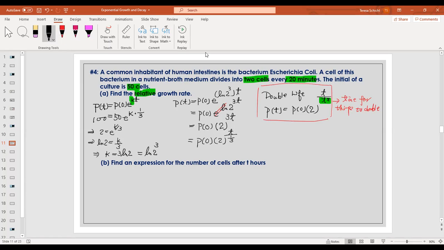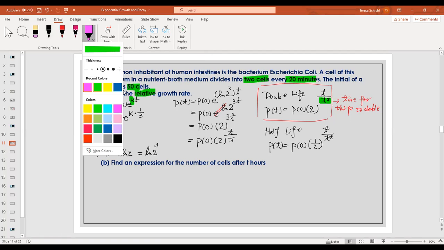In the same way we can find the half-life. It's exactly the same way we can derive it. For the half-life, P(t), you can do the same proof and you will find that instead of 2, it is 1/2, and then you have t over t star here. So what is this t star?